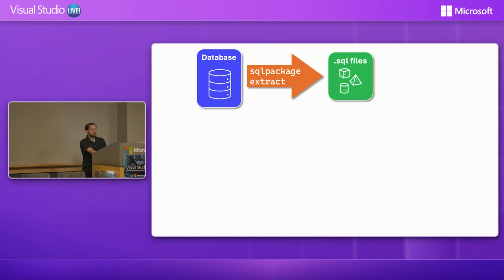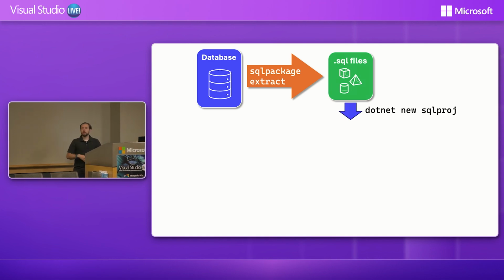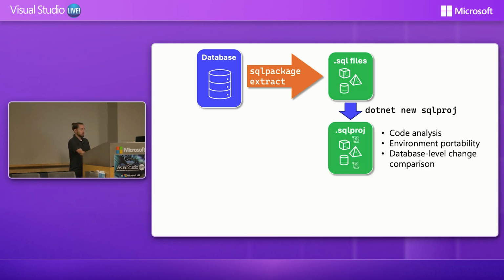But the thing about having SQL files is that they can become a SQL project. And then you start to get more stuff on top of that. One of which is code analysis. The next is environment portability. If you ever need another developer database, there's 12 ways to get there, and one of which is to ship out your SQL project and get a copy, empty database from scratch to start from.